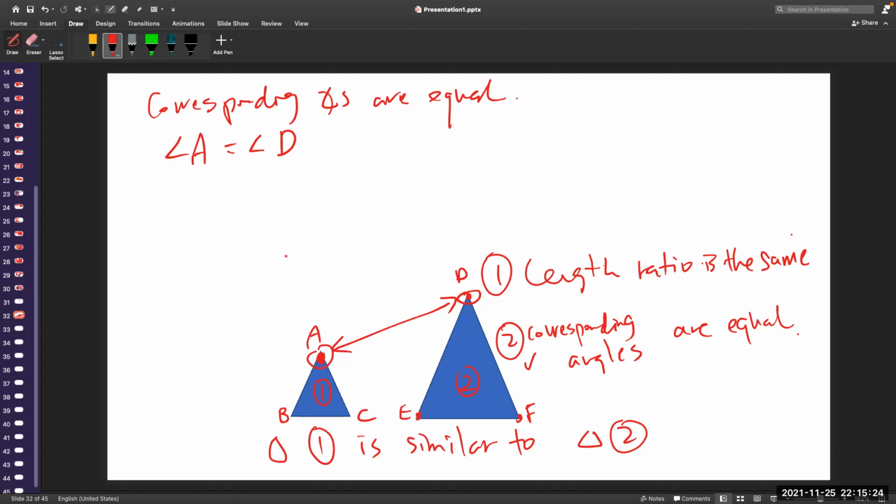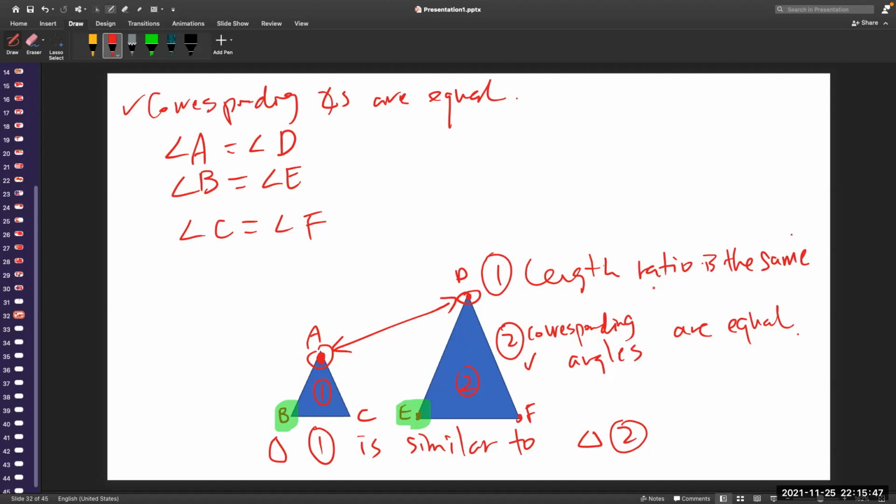Similarly, angle B is equal to angle E, and of course the last one, angle C is equal to angle F. So this is the meaning of corresponding angles are equal. Are you clear? Yeah, good. Then I have finished the second concept.